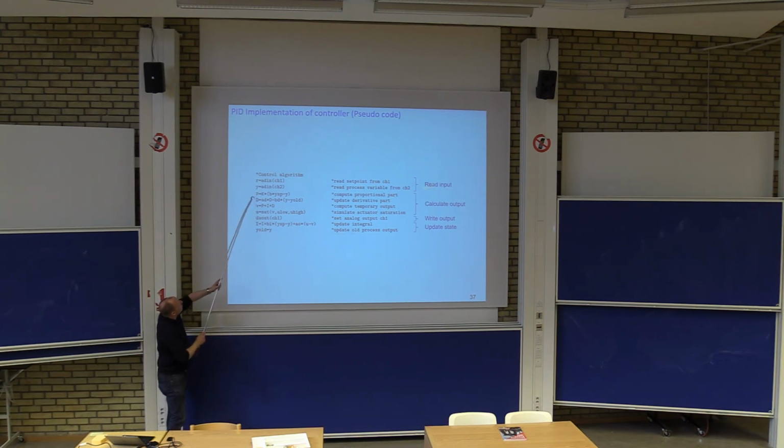This is the first part of the algorithm, and the second is the update state, where you update the integral part. You can do that after you have calculated the output. Right? This is something you only need to do before the next time you run the controller.